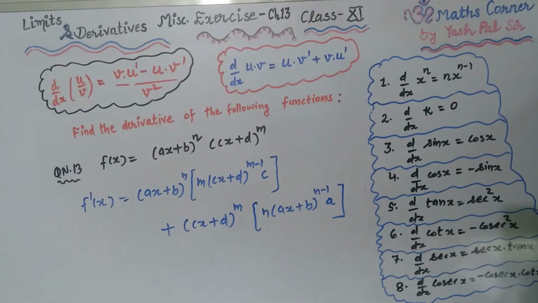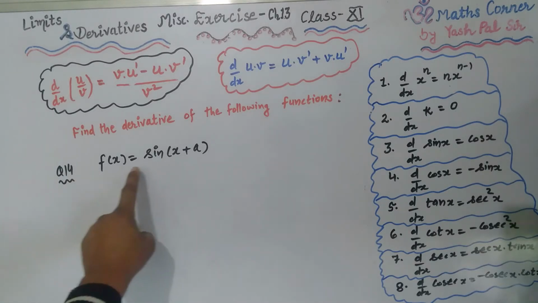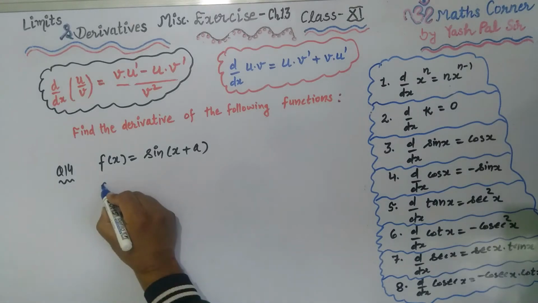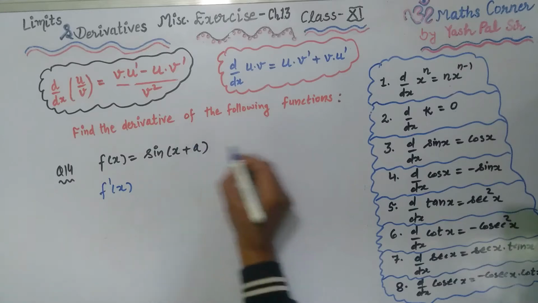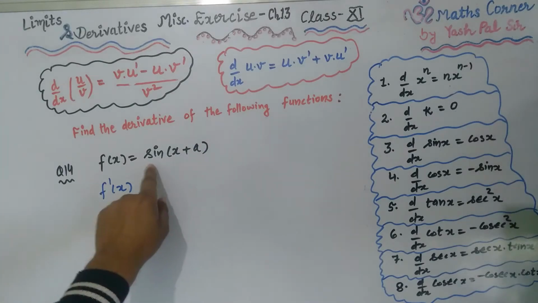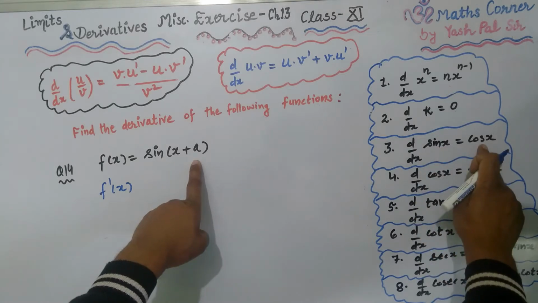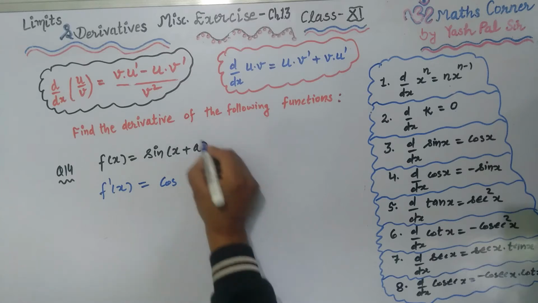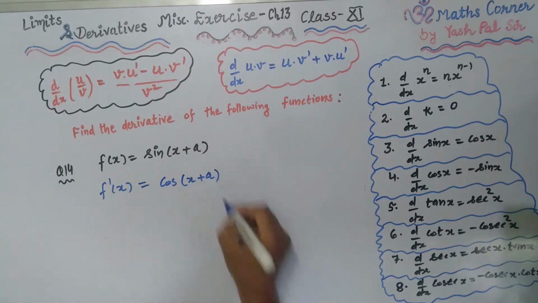Now next question, question number 14. f of x is equal to sine of x plus a. First of all, for f dash x, we consider this whole bracket to be equal to x. So this is like sine x. Sine x, what is the derivative? Cos x. So we write cos. This x plus a is assumed to be x.